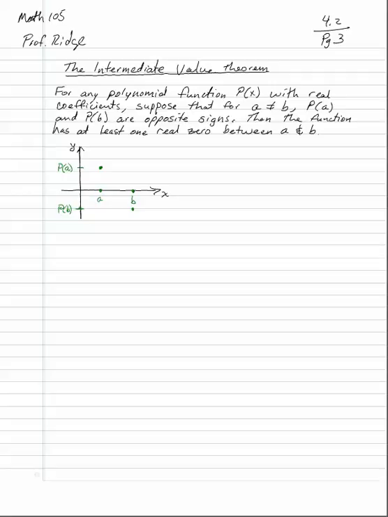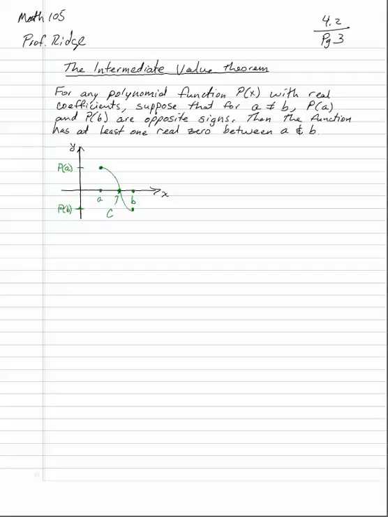So as we move from left to right, from P of a to P of b, the only way I can connect those dots without lifting my pen is somewhere I'm going to have to cross the x-axis. That has to happen. So there exists at least one number c such that P of c is equal to 0. That's another way that we could write this in notation.